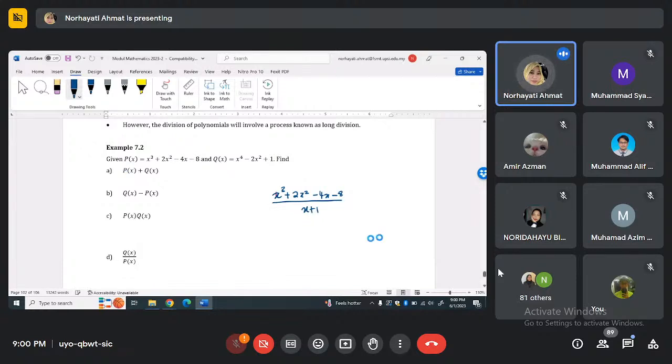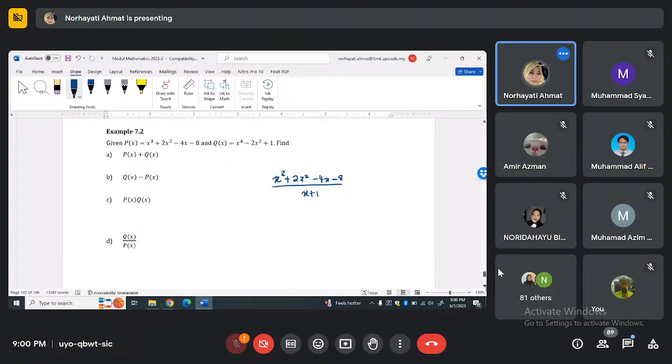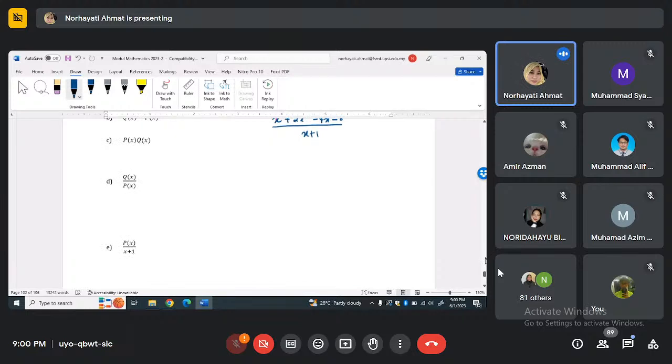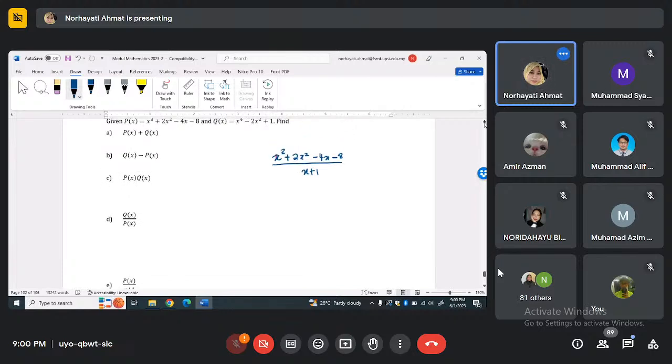Okay, so to simplify this question, the division of these polynomials, we need to do long division. The numerator will be inside the box: x cube plus 2x square minus 4x minus 8.